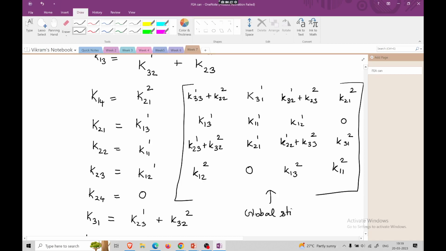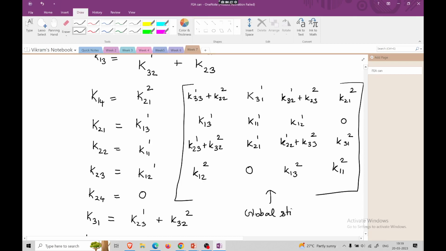So my differential equation is minus of dou square u by dou x square plus dou square u by dou y square, minus f equal to 0. This is my differential equation. I will simply compare it with the model equation. I can write it as dou by dou x of dou u by dou x plus dou by dou y of dou u by dou y, minus f equal to 0.